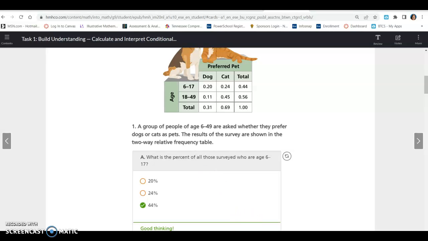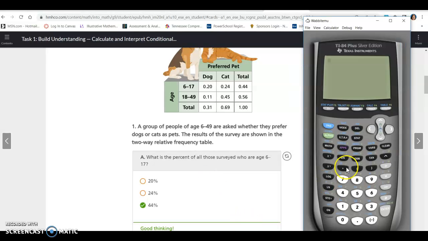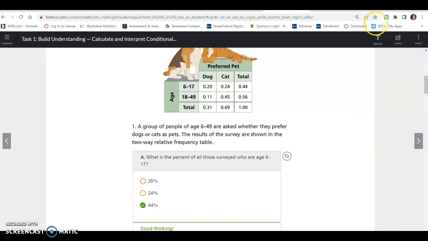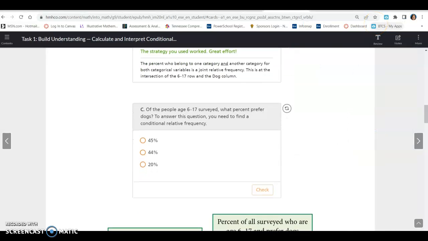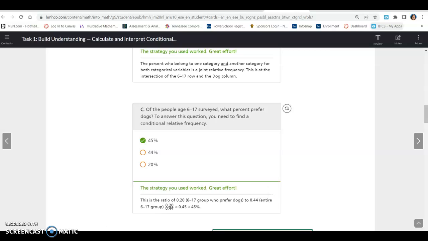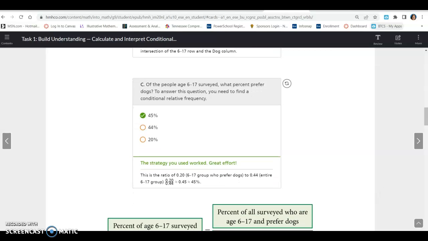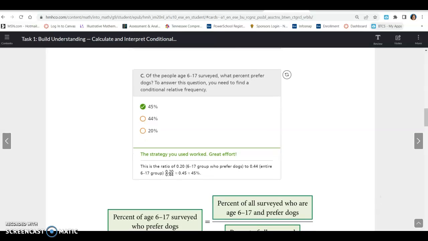So let's see what that gives us. Let's do 0.20 divided by 0.44, and that's going to give us about 45%. All right, so 45% prefer dogs in the age category 6 to 17.